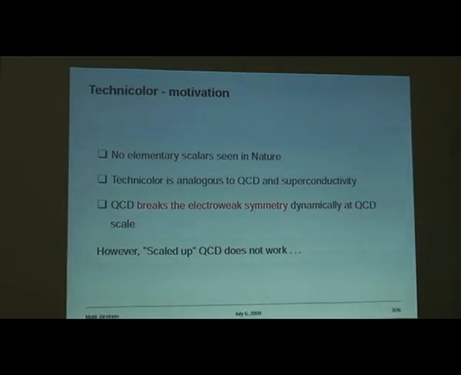When you have a charged fermion condensate, it breaks the electroweak gauge symmetry, like adding a mass term breaks it. You cannot have left-handed fermions with the mass term.